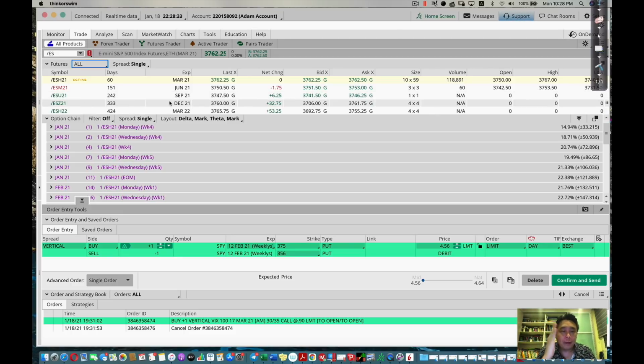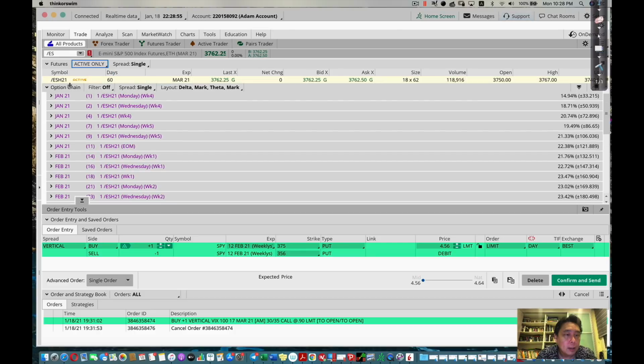Now you don't have to worry too much about this, because the options that you see here are already based on the most recent month contract, which is the active contract. So we only care about the active contract. Can you see the word active over there? The active contract is basically the March contract.